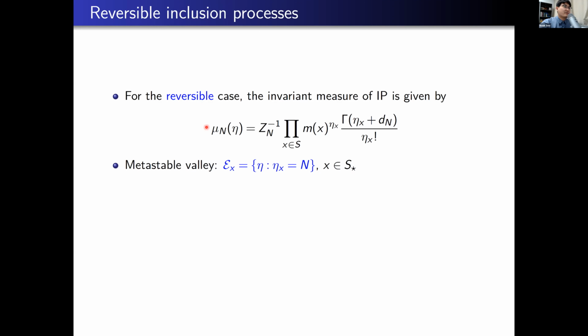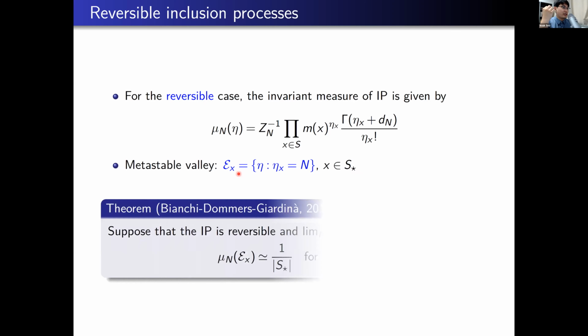In this case, we can write down the invariant measure in this way, where gamma here denotes the gamma function that you know. And the metastable value here is slightly different in that it consists of only one configuration with the full condensation. And every particle is located at x, right? Under this condition, you are expecting to see that every particle is condensed at one site under this inclusion dynamic.